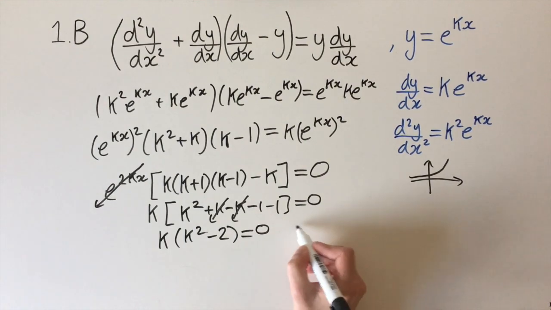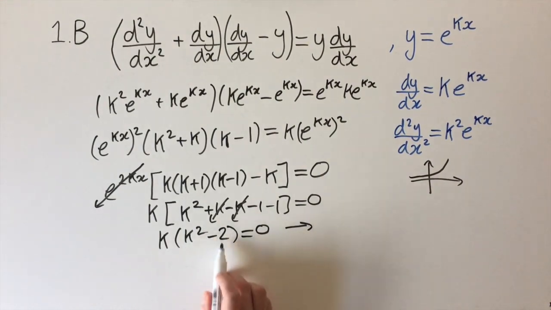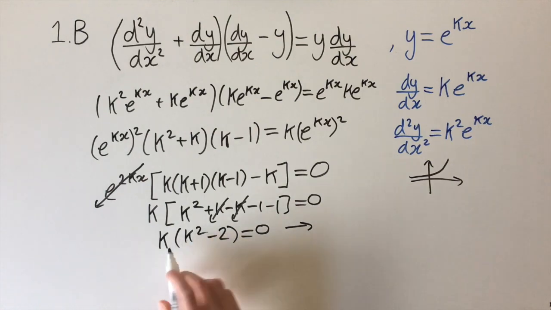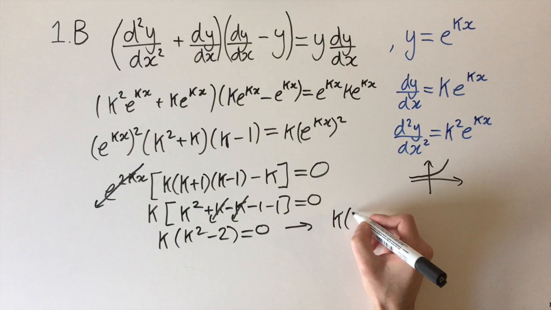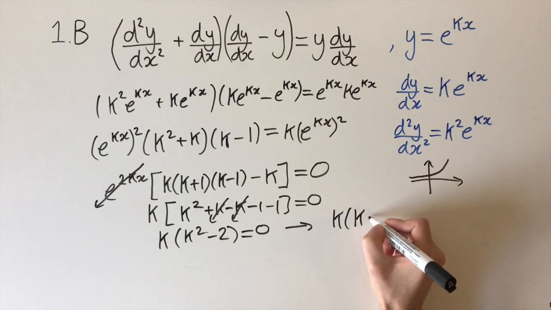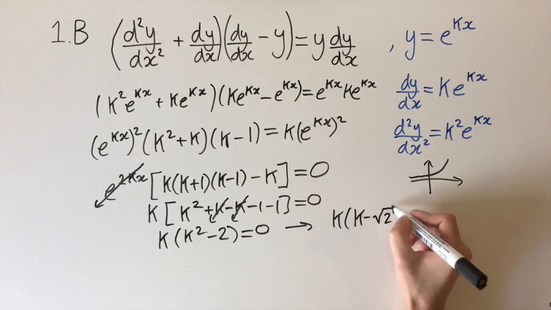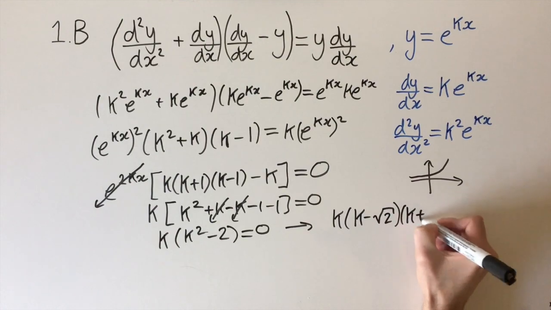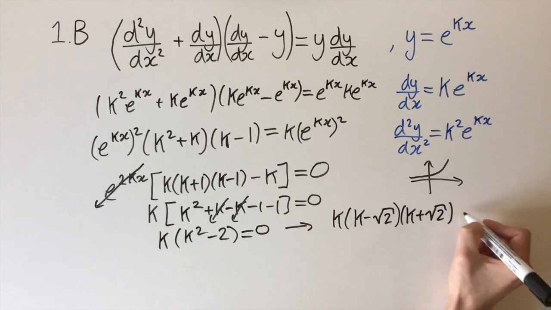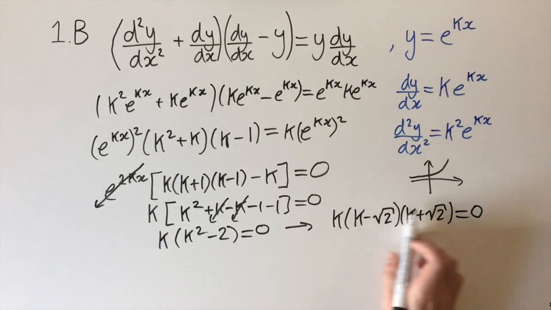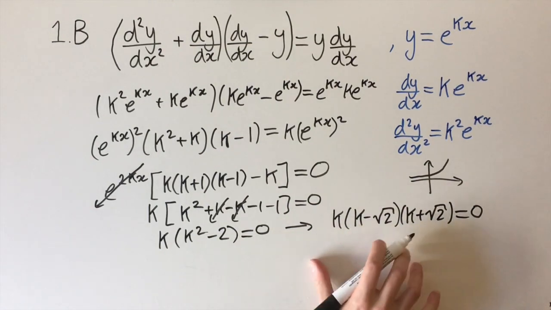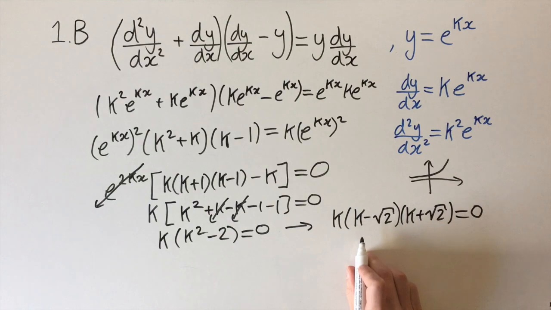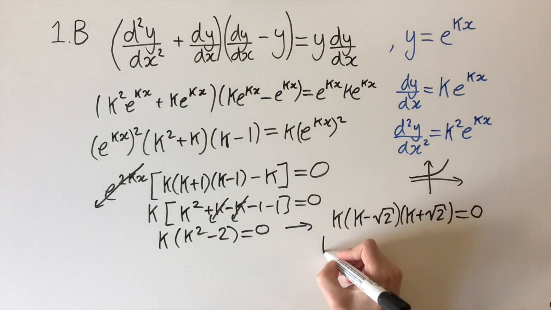This is a difference of two squares, so we can factorize it again and we have a cubic in factored form: k times k minus the square root of 2 times k plus the square root of 2, equals 0. If we expanded the two brackets, we'd just get k squared minus 2. So now we know what the solutions are. We take each bracket and set it equal to 0.